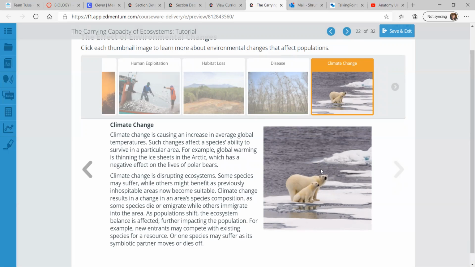As populations shift, the ecosystem balance is affected, and that further impacts the population as well. For example, new entrants may compete with existing species for a resource, or one species may suffer as its symbiotic partner moves or dies off.